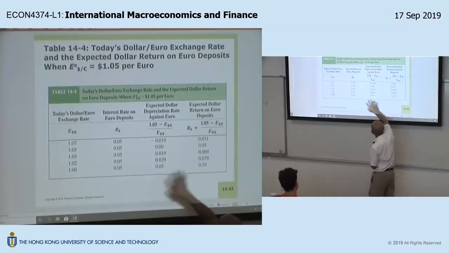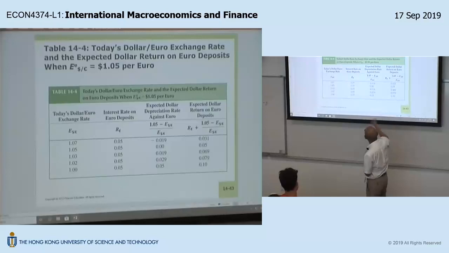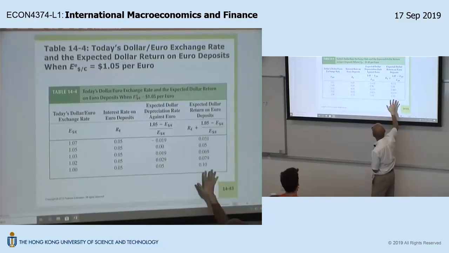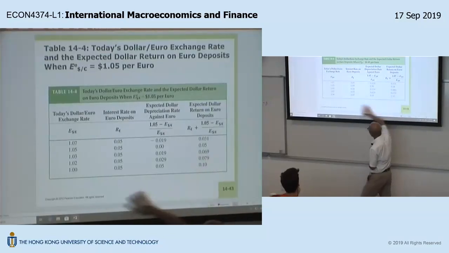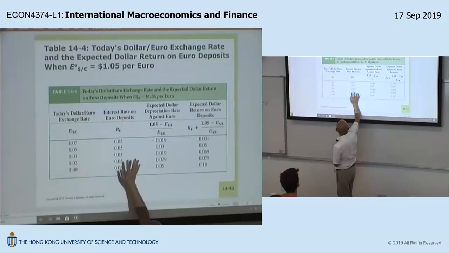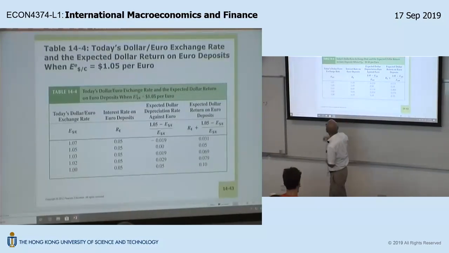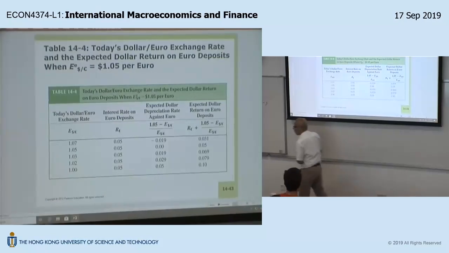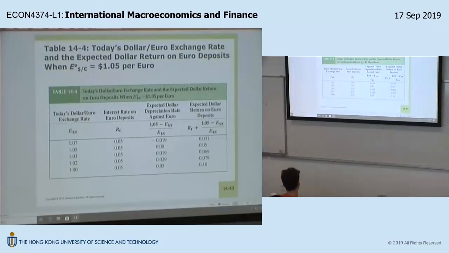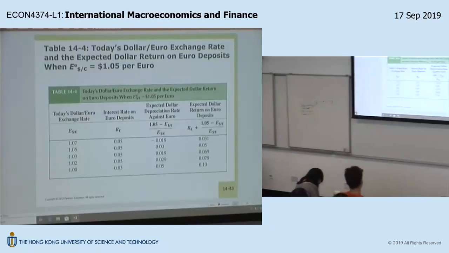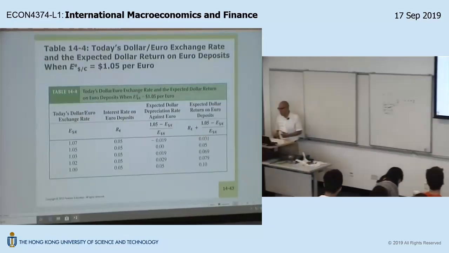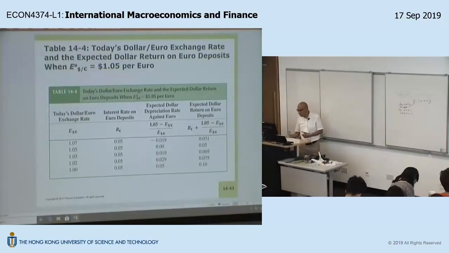So you can actually plot a diagram of this against this. If R euro is constant, for any given R euro, you can plot a diagram.